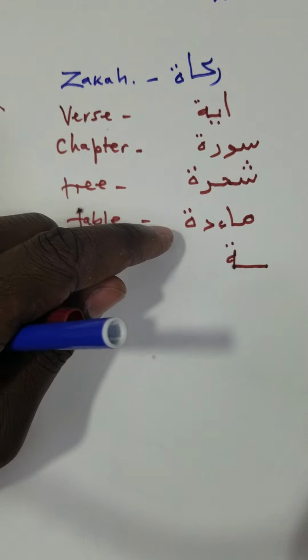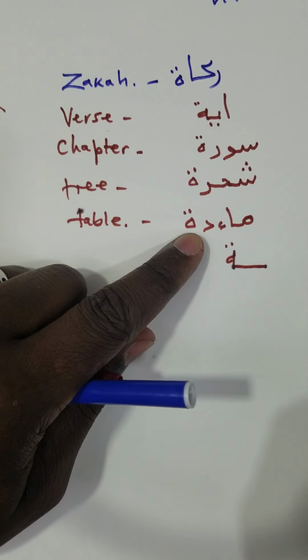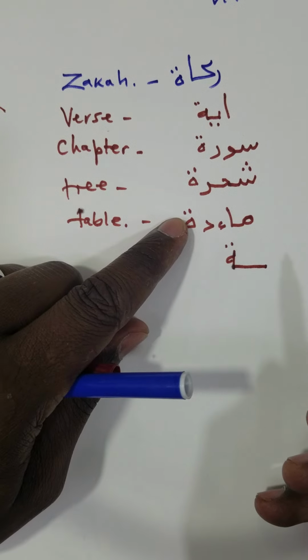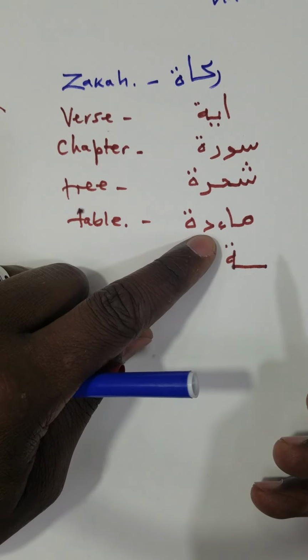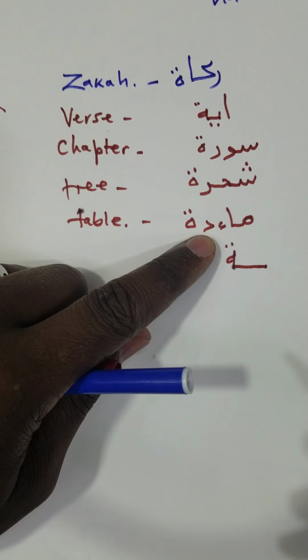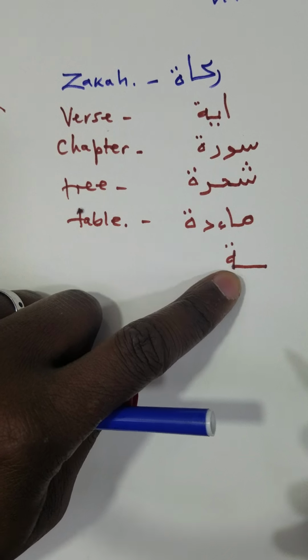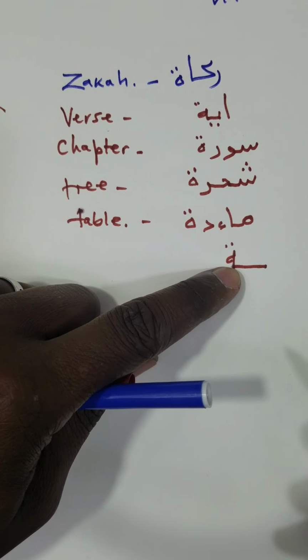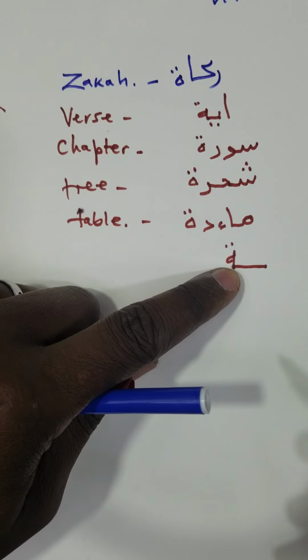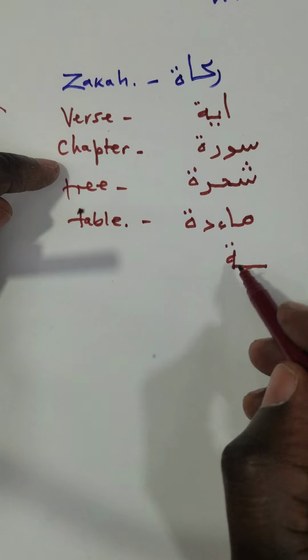Okay, you know those lessons. Now here, dal, you cannot join it with another letter in Arabic. It stands alone. You can join it from behind, but you cannot join it up front. Now when the letter appears alone, the form is different. Of course, you know those basics.